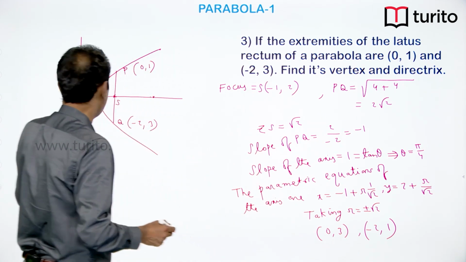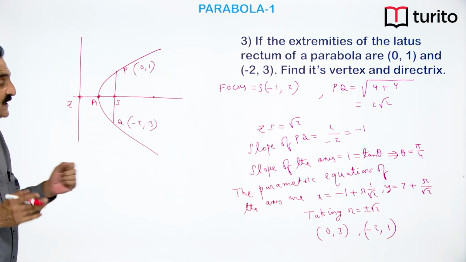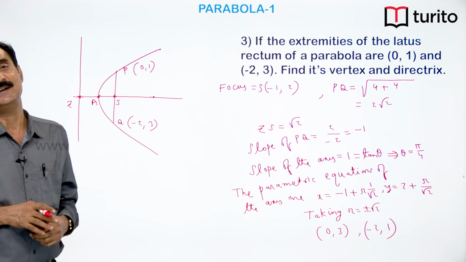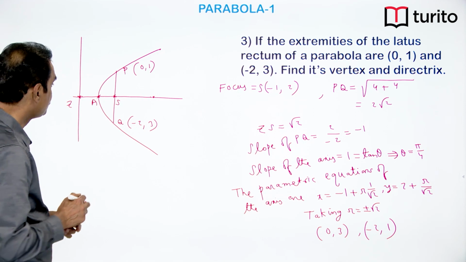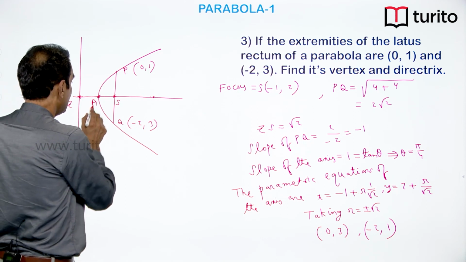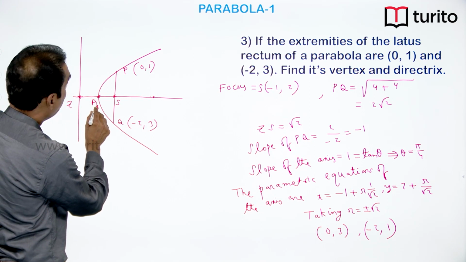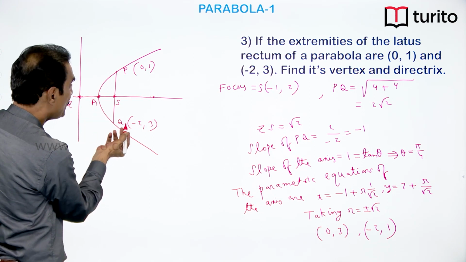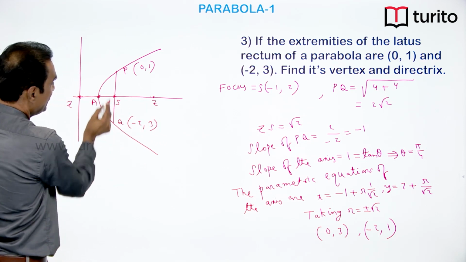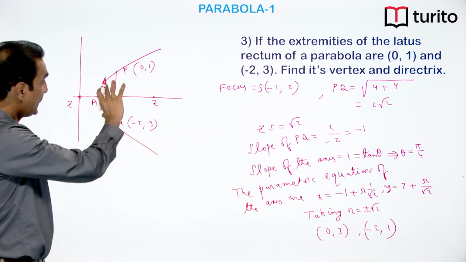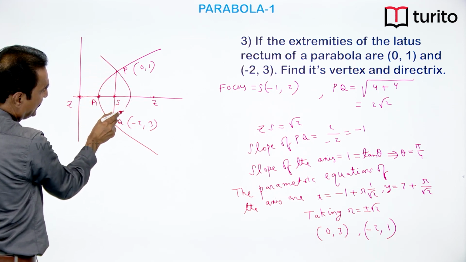Any one of them can be Z. How to know which is the correct point Z? Both are possible here, because with the same latus rectum we can draw another parabola like this.